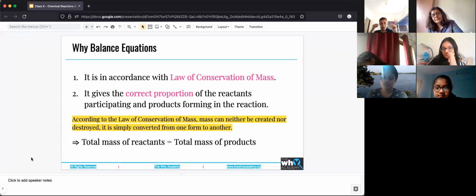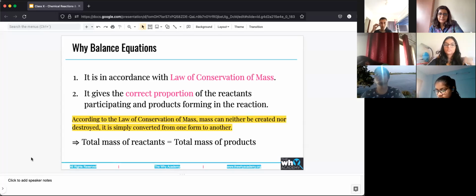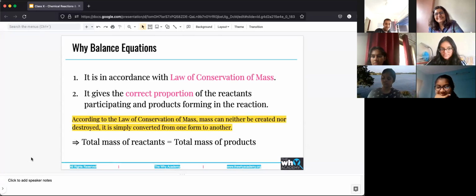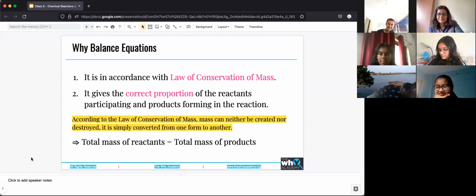If you were to rate balancing from 1 to 10, where 1 is I don't know balancing at all and 10 is give me any equation, I'll be able to balance it, where would you put it? 5. I'm sure you're a lot better than that. 3 or 4 maybe. 7 or 8. Let's say 2 or 3.